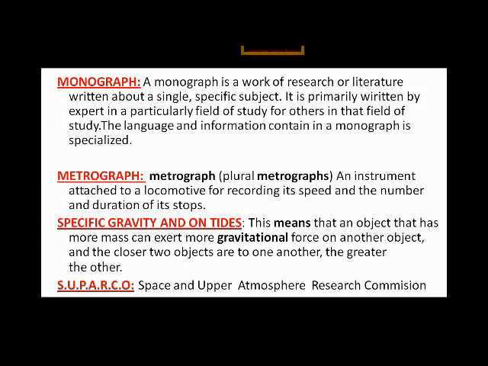Another instrument tells us about the speed of the person, how many beats in 1 second or 1 minute. So it also turns into a metrograph. The metrograph records the locomotive and its speed, also the number and duration of its stops.